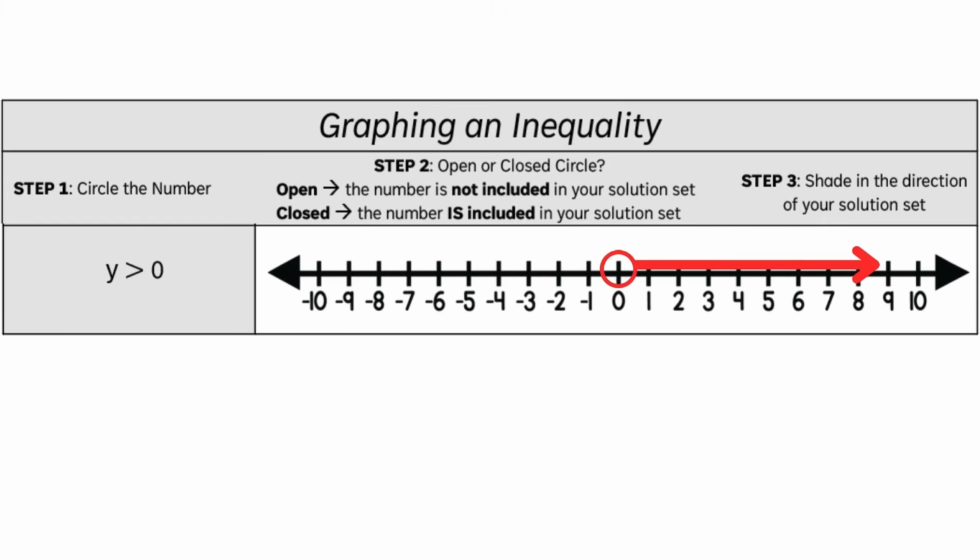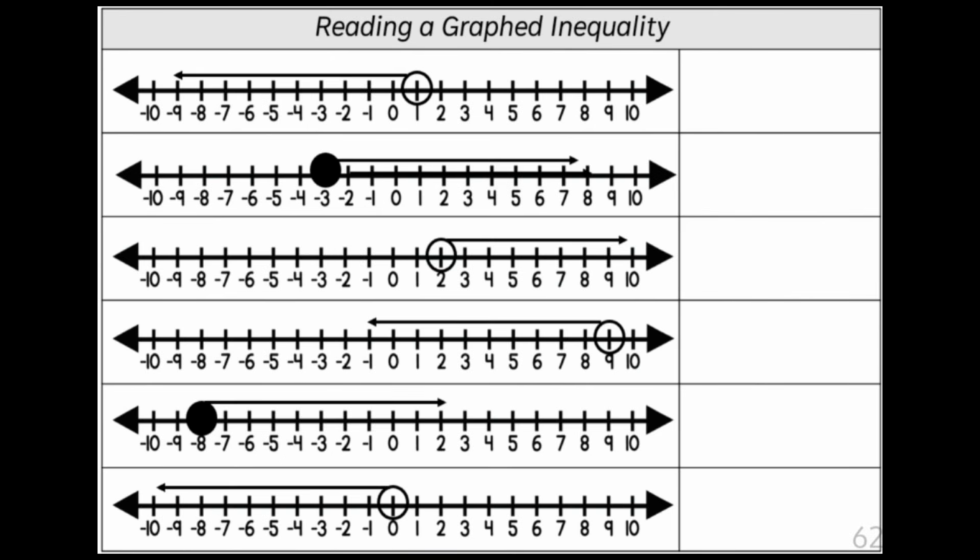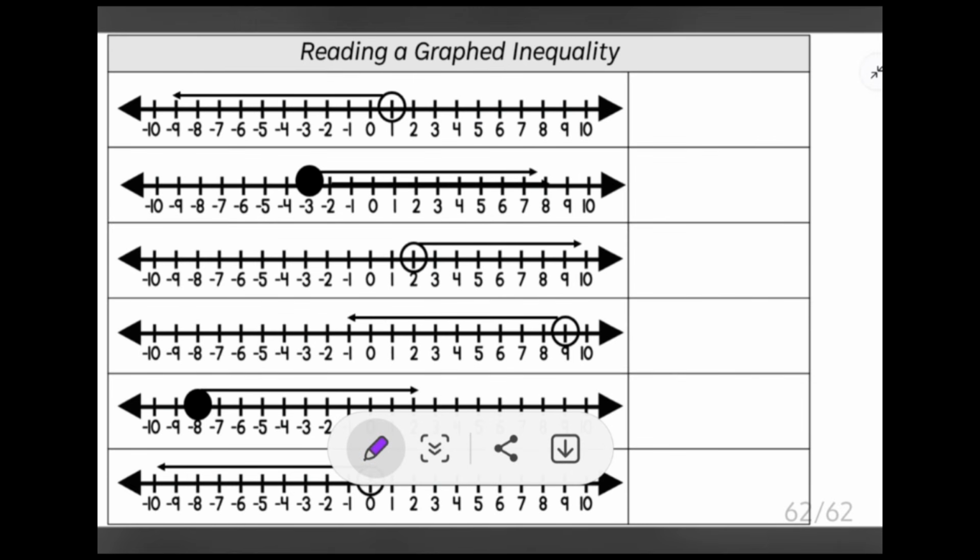Now let's practice reading inequalities that are already graphed. Now let's look at the first one. First, let's write our variable, y. Then let's write our number. Over here, let's leave a space for the inequality symbol.